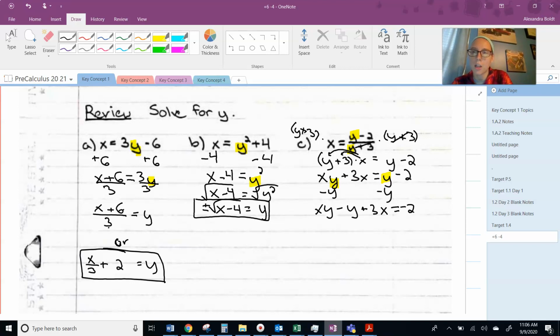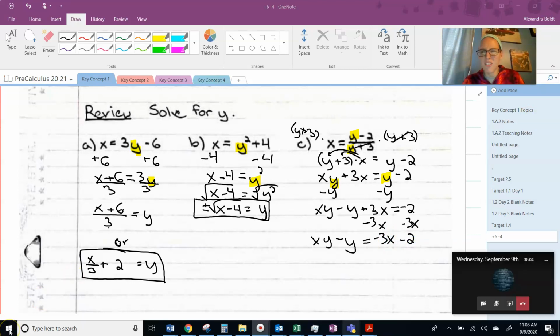This term xy has a y in it, so I can't do anything with it yet. Then y has a y in it. This plus 3x does not have a y in it, so I'm going to move that over to the other side. So I have xy minus y now equals the opposite of 3x minus 2.